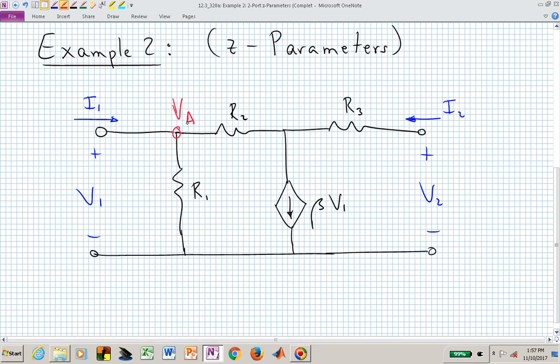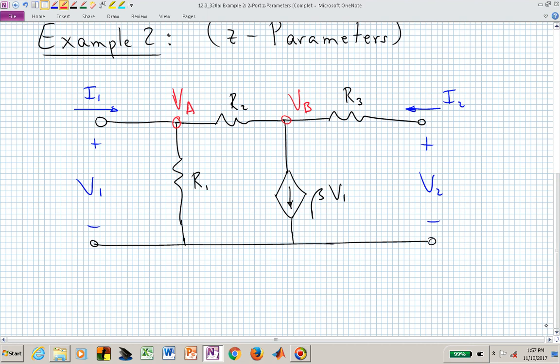There's node A, and we'll call that potential V sub A, and we'll label this node as having voltage V sub B. Now we should be able to write some equations to find the standard form of V1, V2 equaling this Z matrix times I1, I2.